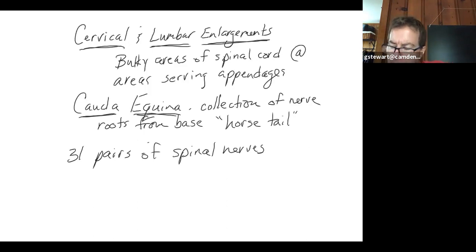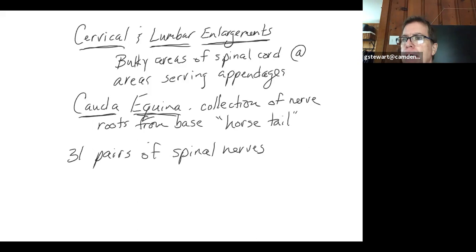I'm going to draw a cross-section of the spinal cord in a moment. And they're just named based on their location. For example, there's a set of first thoracic nerves, second thoracic nerves, third thoracic nerves, and so on, all the way down. Each nerve exits the superior end of the vertebrae.